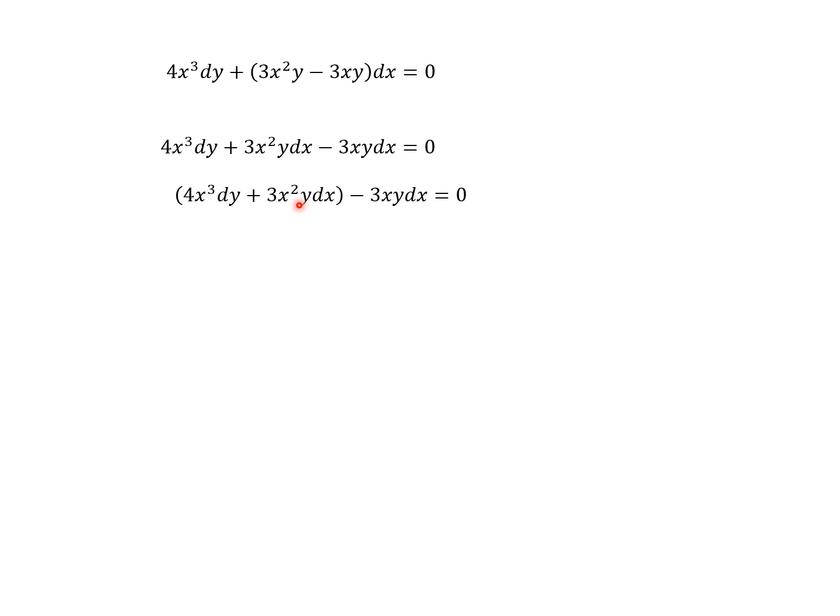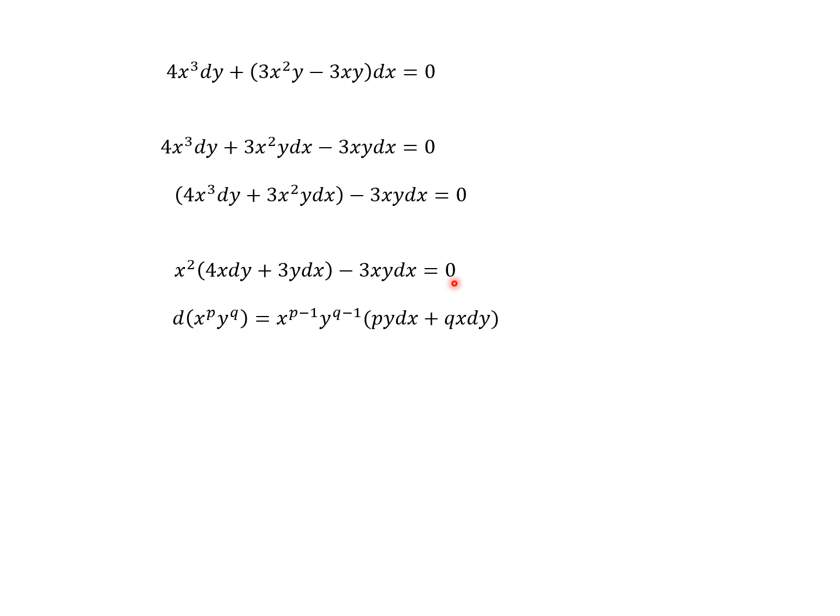The rationale behind this is that perhaps we can factor the x squared here, and you will have only a function of xy, and then x dy, and then a y dx there. So if you factor x squared, you have 4x dy plus 3y dx minus 3xy dx is 0.